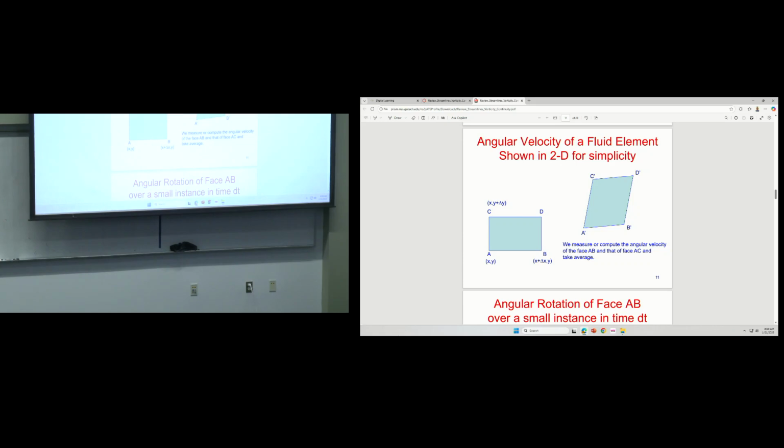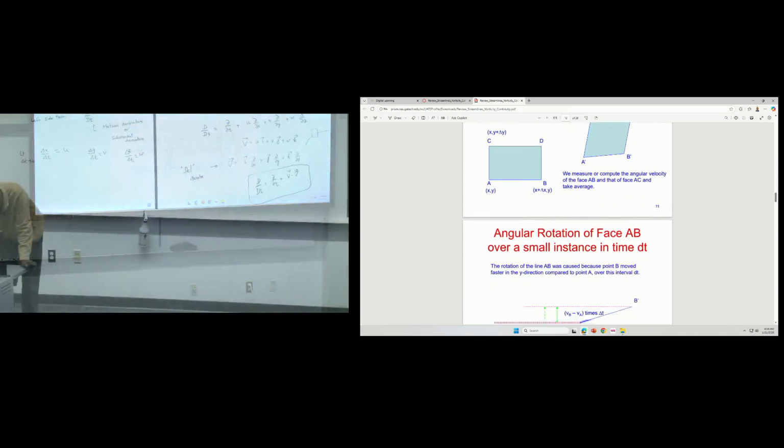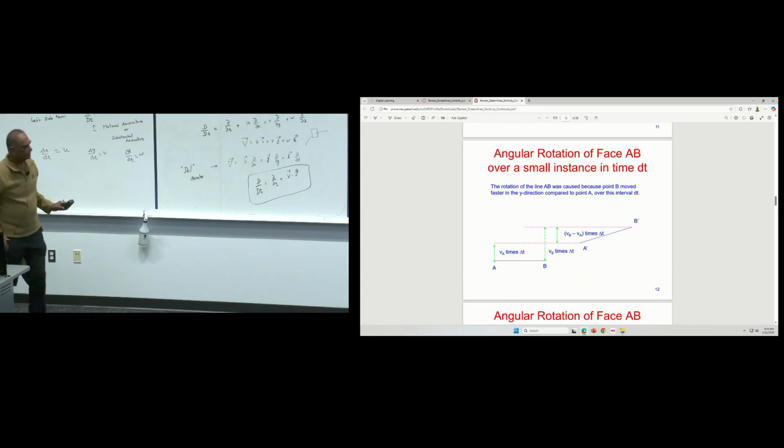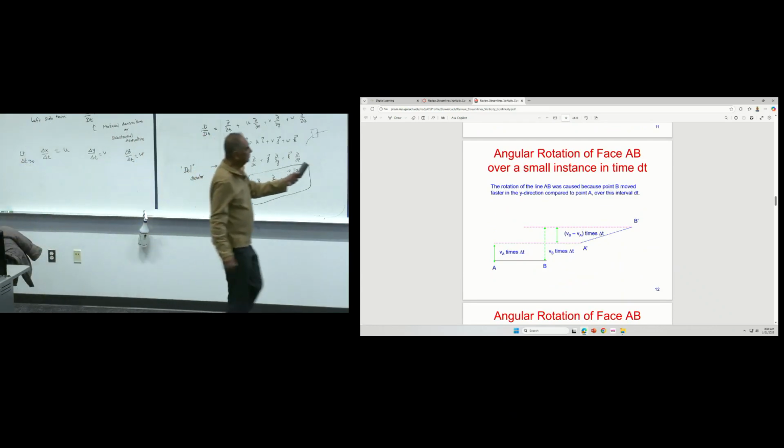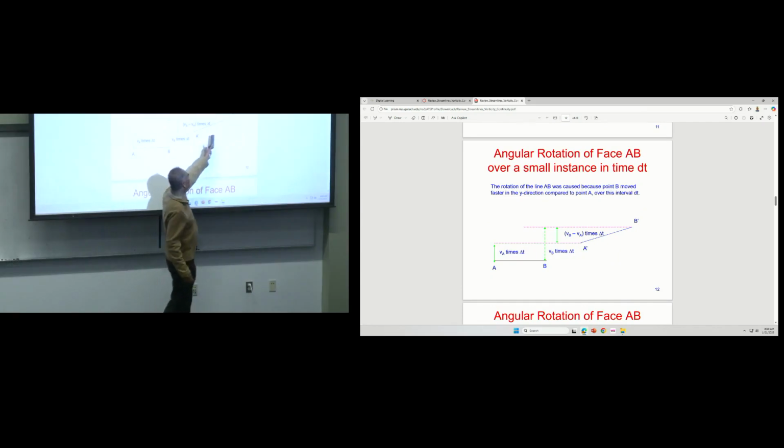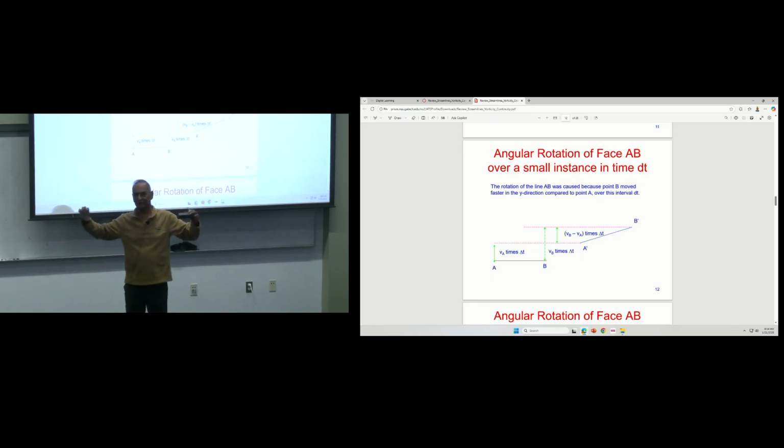Okay? Yeah. Now, what happens is, if you look at just the AC, A has moved to a new position, A prime. B has reached a new position, B prime. They may have stretched, by the way, it's possible to elongate, or they may have compressed, that's also possible. But we are not worried about the bulk changes in that direction.